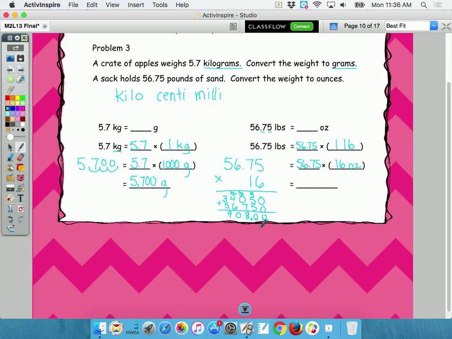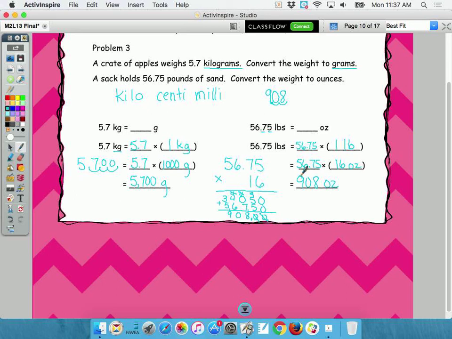And so sometimes what kids do is they know that the answer is 908 because they take off the 2 zeros, and then they accidentally get confused and then place the decimal. Now you have to remember, place the decimal before you take off zeros. You know what I mean by take off zeros, because they don't change the value of the number. So the answer to this is 908, what? Ounces.